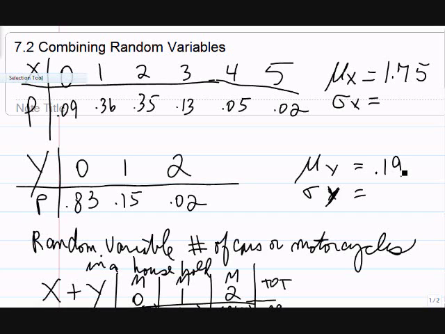Did you square root that? Something went wrong when somebody did the standard deviation for the number of cars. Anybody have a standard deviation for the cars or the motorcycles yet?